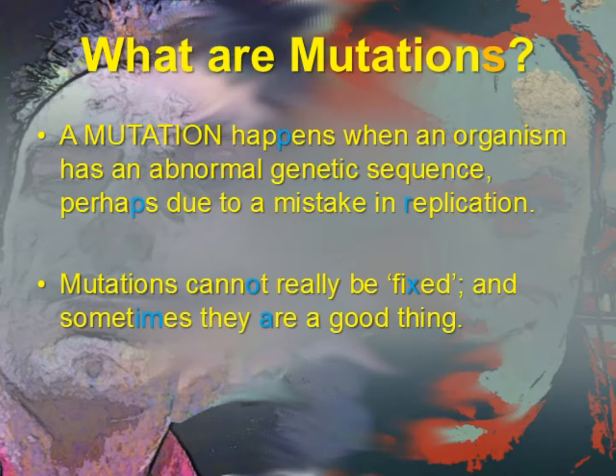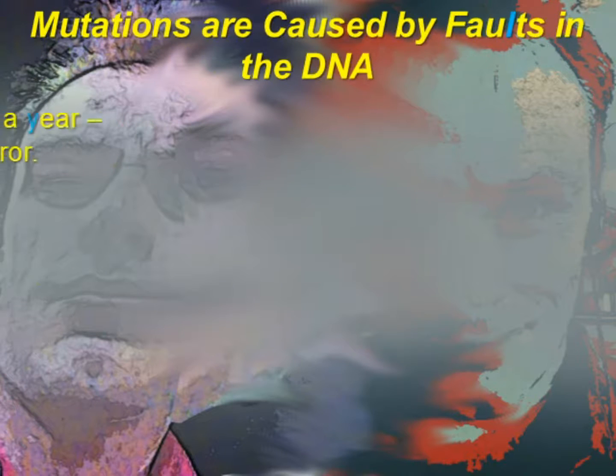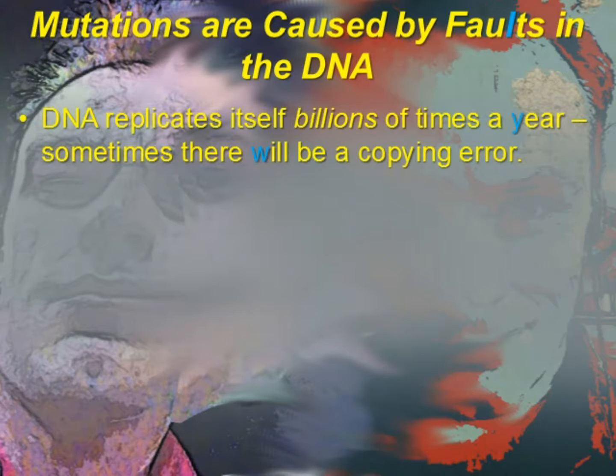Mutations cannot really be fixed, or at least not yet by us, but sometimes they are a good thing, and very often they are certainly not a bad thing. But how do they happen? So, as we said, DNA replicates itself billions of times every year, so you expect there will be a copying error eventually.